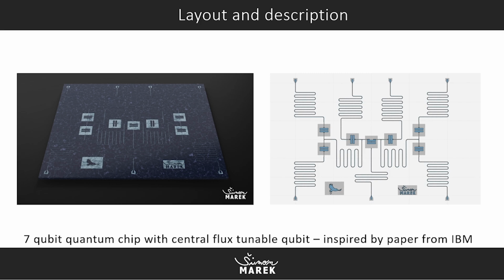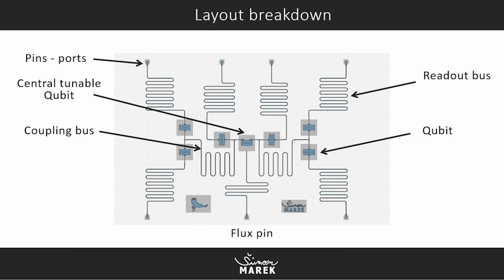Next, we have our layout and description. So we will take a look at a 7-qubit quantum chip with a central flux tunable qubit, inspired by a paper from IBM. You can see it's quite a simple design indeed. So let's break down our layout.